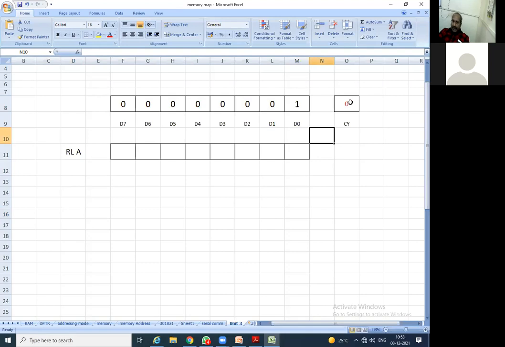And at the same time, the carry is 0. And I have given the command RL A. RLA म्हणजे rotate left A. तर ह्याच्यामध्ये कॅरी कन्सिडर केला जाणार नाही. म्हणजे हा जो पार्ट आहे, सो दॅट इज नॉट गोइंग टू बी कन्सिडर्ड. ओनली रोटेट लेफ्ट मीन्स हा जो MSB आहे, so this MSB is going to be transferred to the LSB, and the other bits are going to be shifted one by one towards the left.